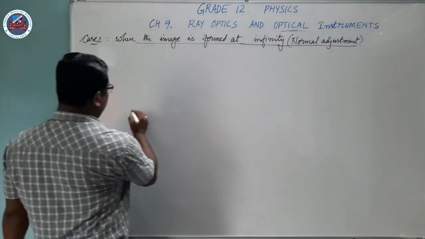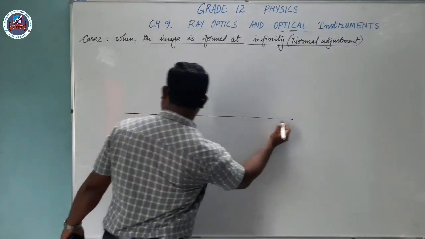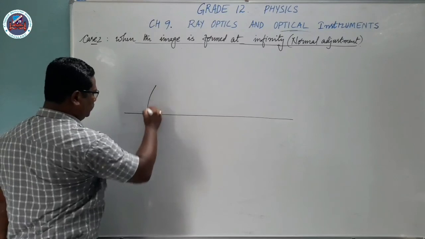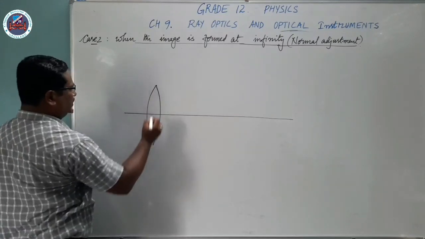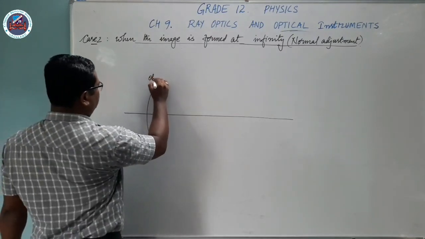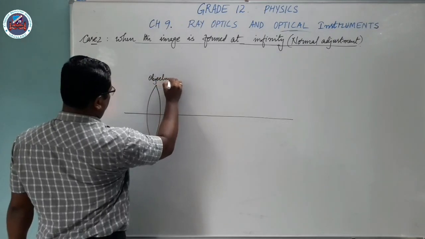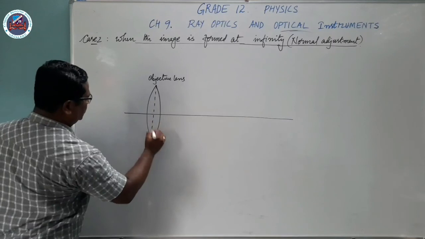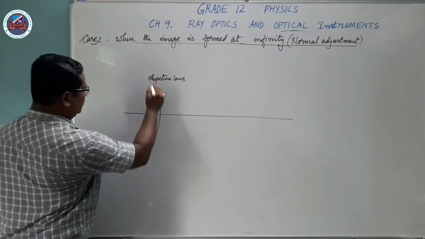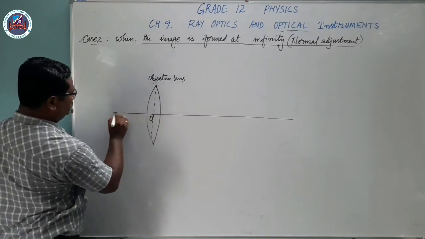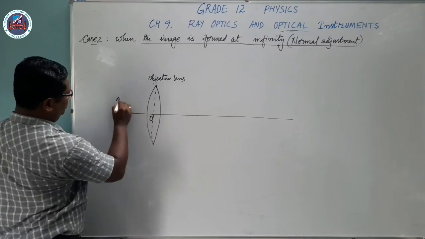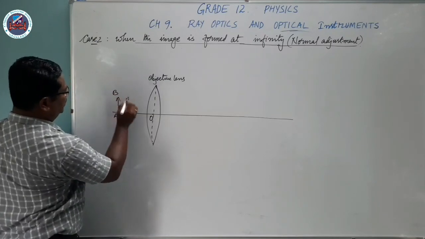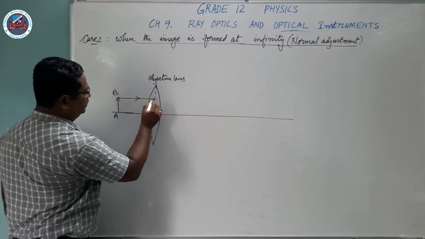Let me draw and see. It will look like this. This is the object, suppose, objective lens. This is a refracting plane. This is the optical center. So take the object, let AB be the object, and start your ray diagram.